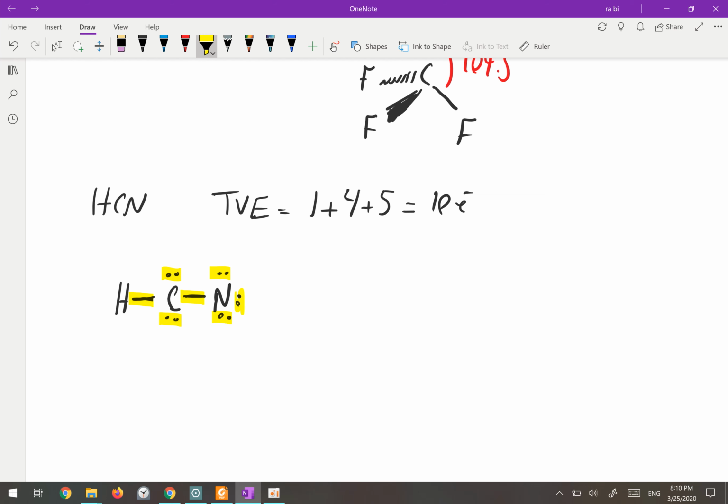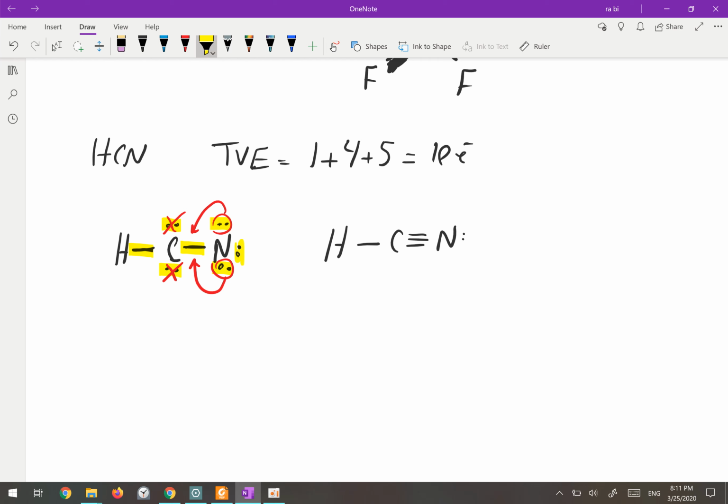So we have 4 extra electrons. In that case, as I said, cancel the 4 electrons on the central atom, bring 4 electrons from the adjacent atom between them. So the correct Lewis structure for this one is H, C, triple bond, N, and only 1 lone pair remains for the N.